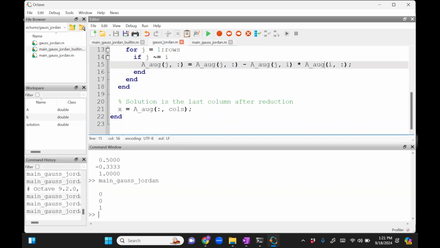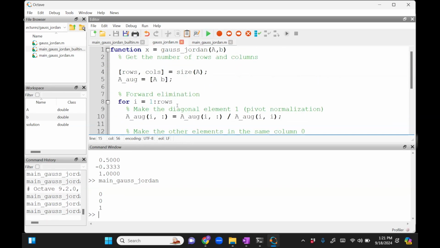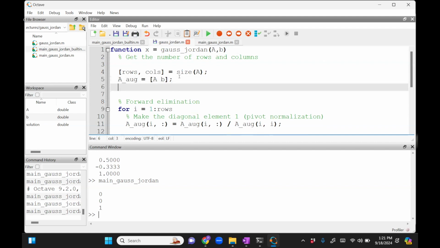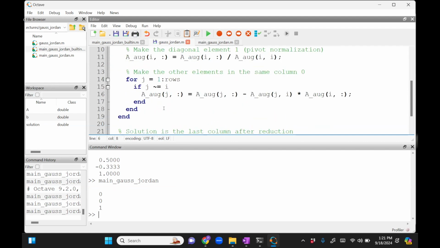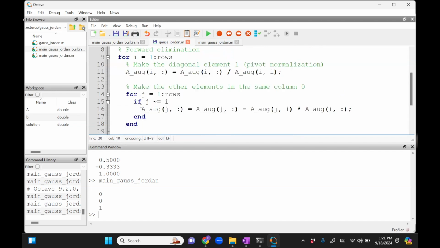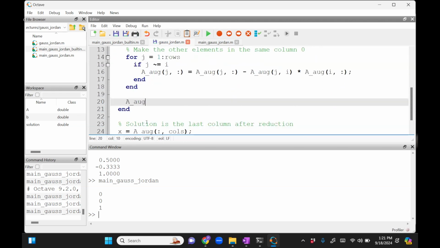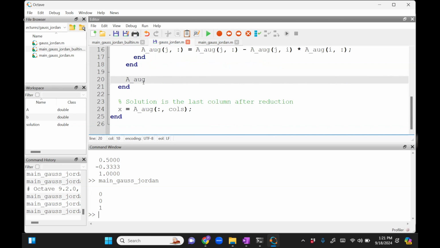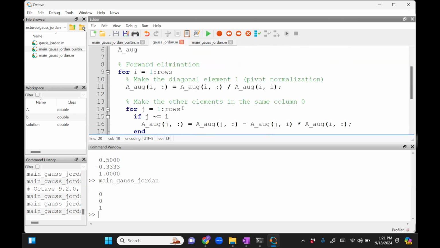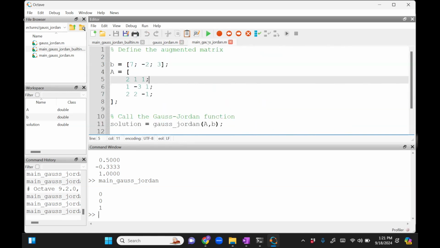0, 0, 1. Okay, now that we have access to our own solution, let's check if everything here makes sense. So this is going to make it print the augmented matrix at every iteration. Let's see the output now.